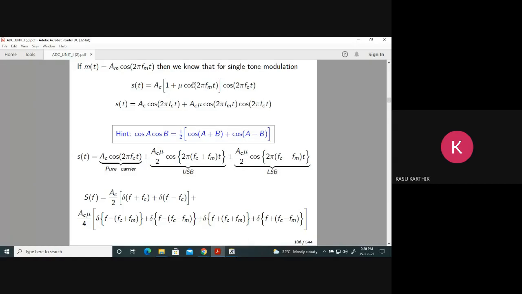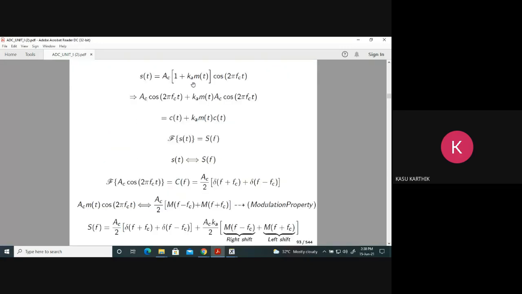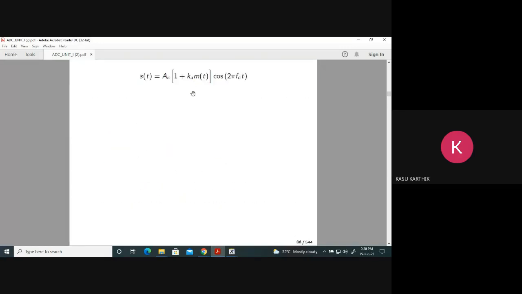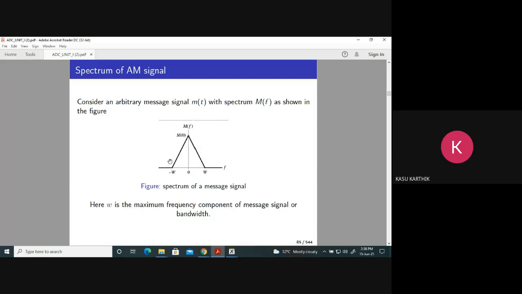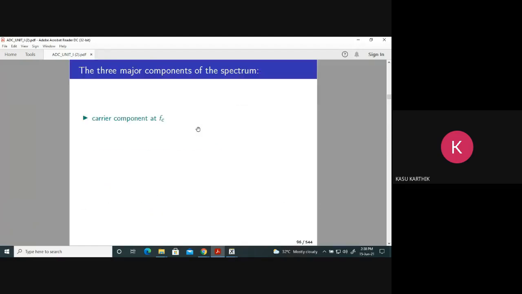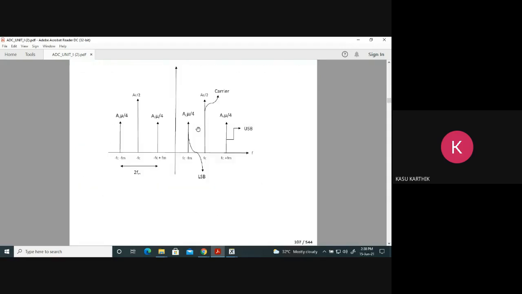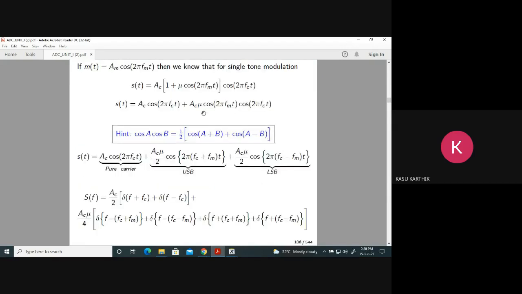That's why I told you, I have just assumed that this is the shape of the message spectrum. It could be any other shape. It is just my assumption. It depends upon m(t). If m(t) is a single-tone signal, obviously the spectrum contains shifted versions of impulses.